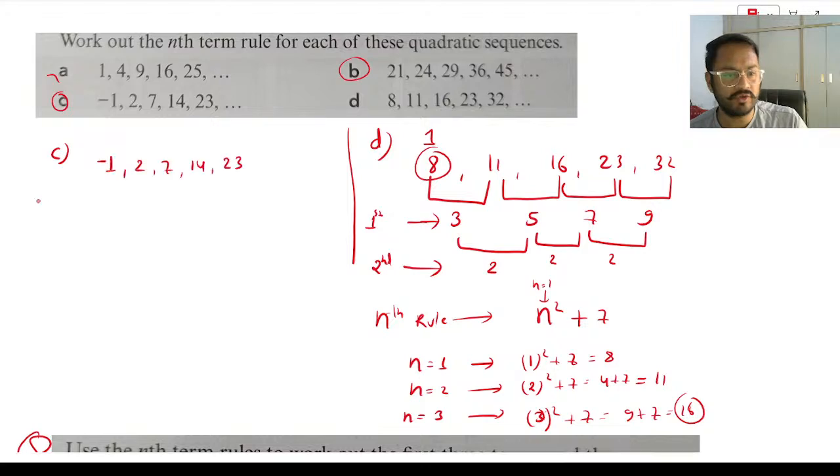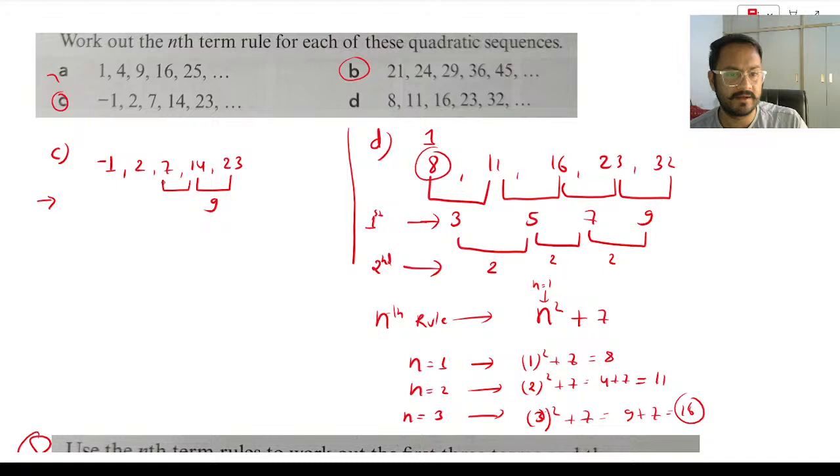So what you need to do is find the first difference first. 23 minus 14 will be 9, and 14 minus 7 will be 7. Then 7 minus 2 will be 5, and obviously 2 minus minus 1 will become 3, because the minus 1 will become plus.